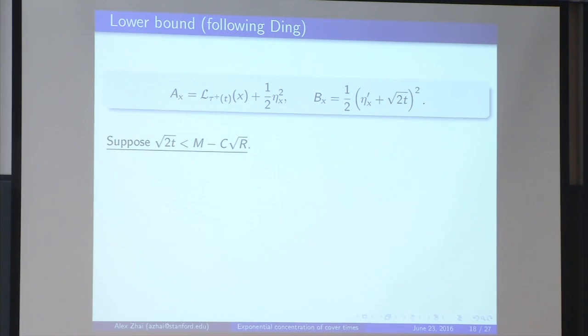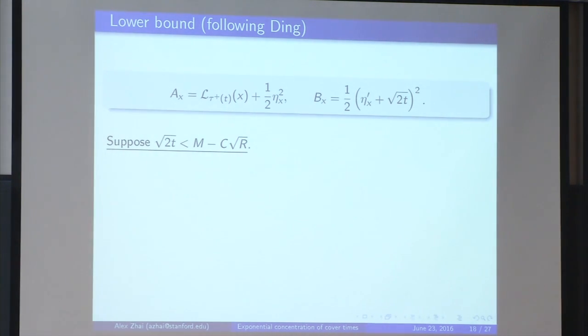If this was a little confusing, it's not super important that you followed this completely. Okay, so the lower bound is a little bit more important for our purposes. The lower bound is, suppose that root 2t is actually pretty small, okay? By pretty small, I mean like m minus some large constant times root r.